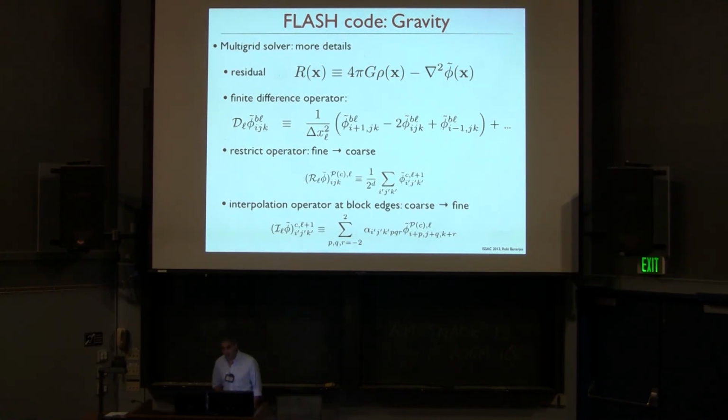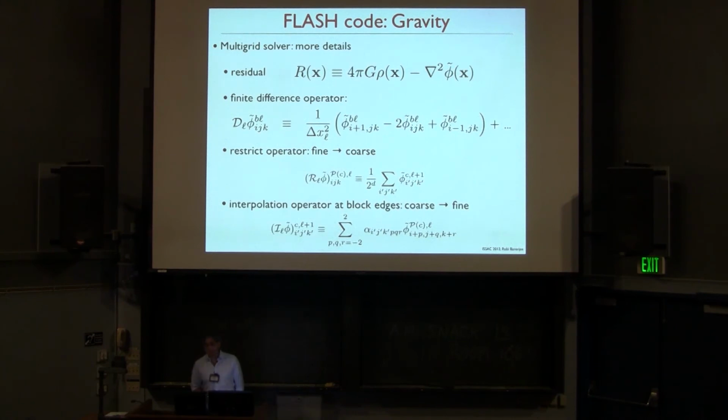Then you need a restrict operator, meaning you move your potential or solution from finer to coarser grids, and you do this by averaging. The primed indices are what are called overlapping indices with the coarser solution for a given index of a particular grid cell.